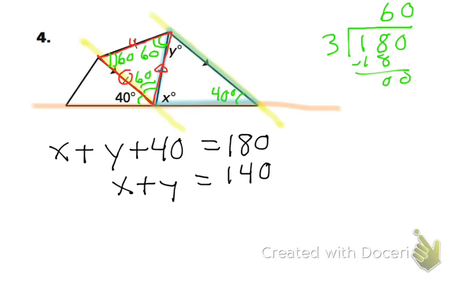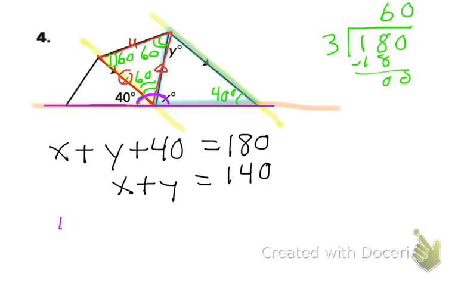So how does that help me at all? Well, one thing that I'm going to notice is that these three angles here, because of the straight line, those three angles must add up to 180 degrees.